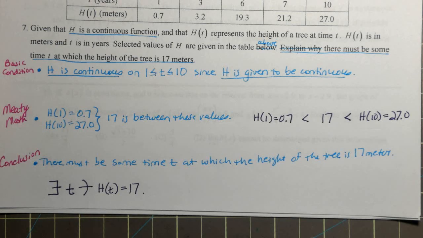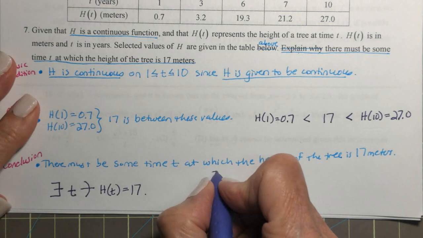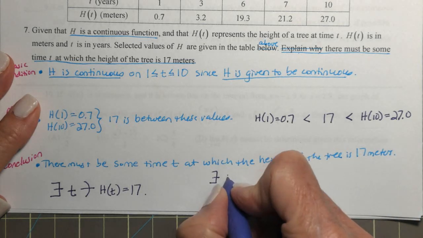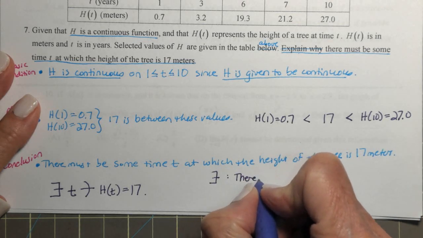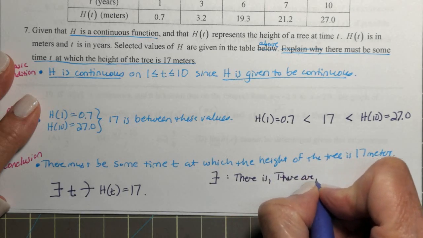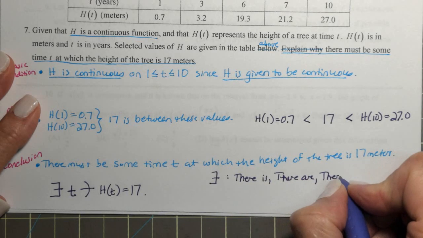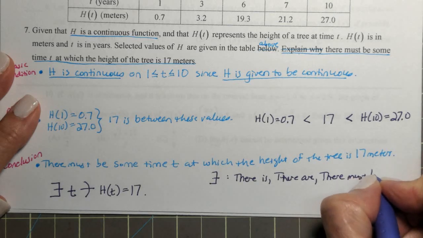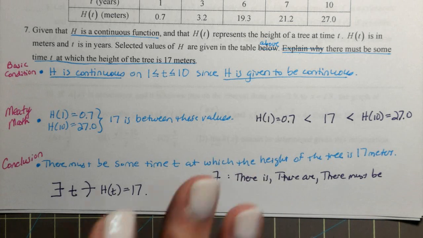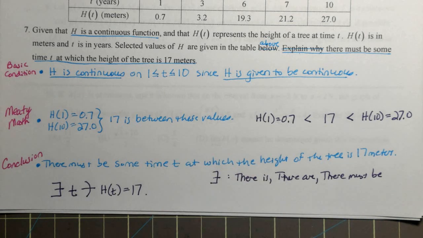Okay? These are some conventionally used mathematical symbols. This is the existence symbol. That means there is, there are, there must be, is, are, be, those existence verbs, okay?